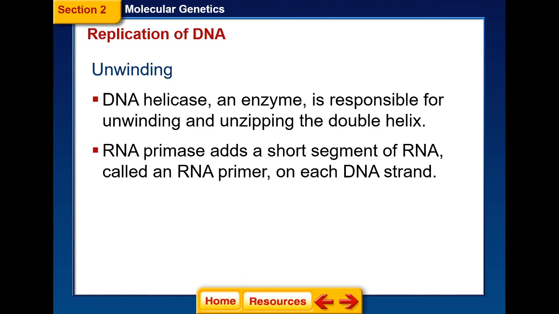Unwinding. DNA helicase, an enzyme, is responsible for unwinding and unzipping the double helix. RNA primase adds a short segment of RNA called an RNA primer on each DNA strand.